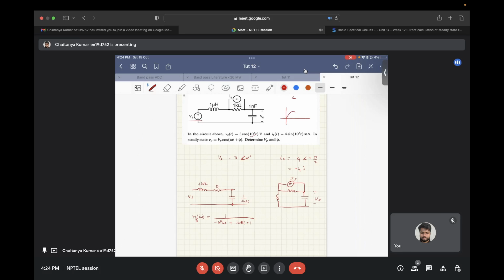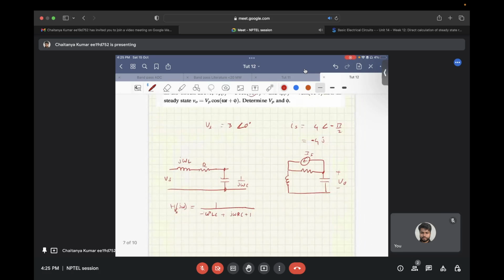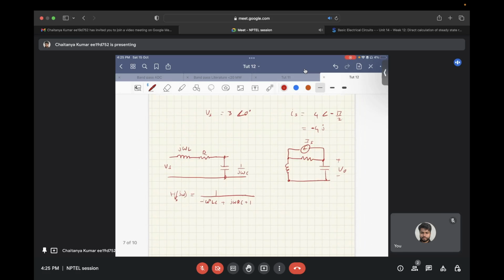So now we do the calculation. Again, this circuit can be written as follows.